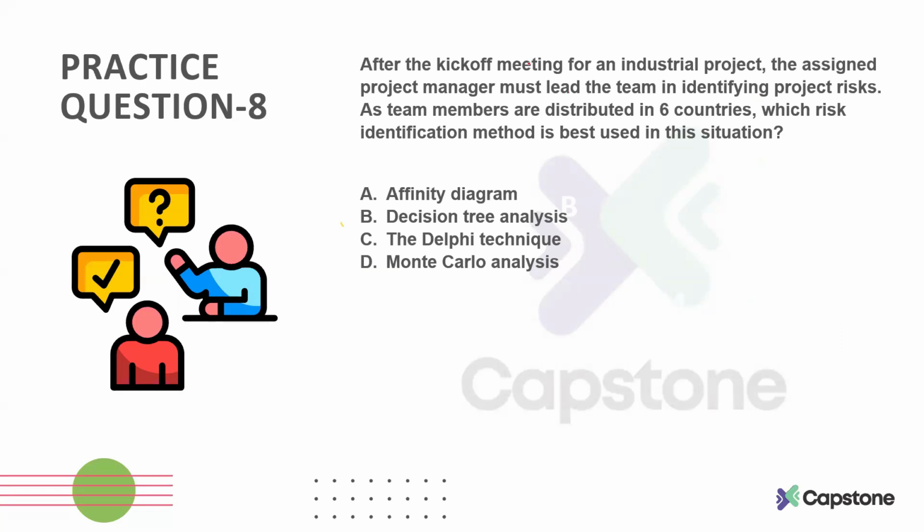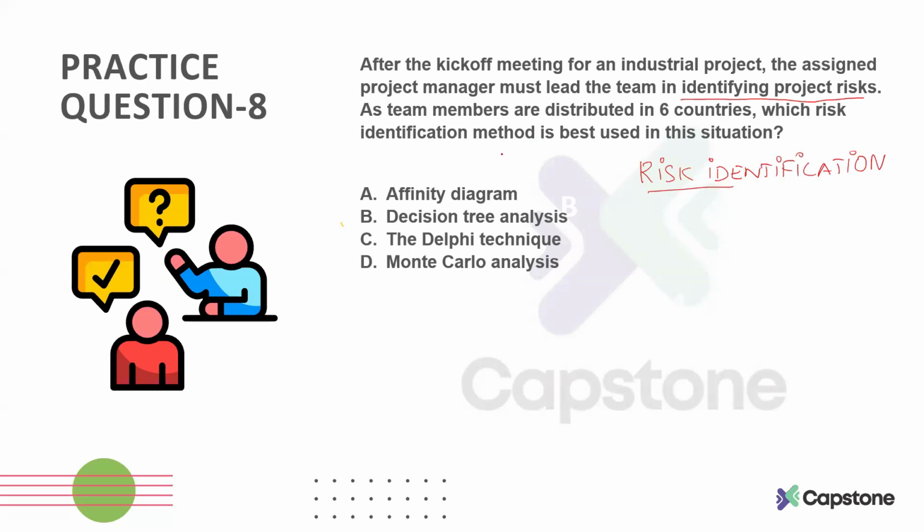What we are trying to do here: you have the kickoff meeting, and you are the assigned project manager, now leading the team in identifying project risks. So it means you are in the risk identification process.